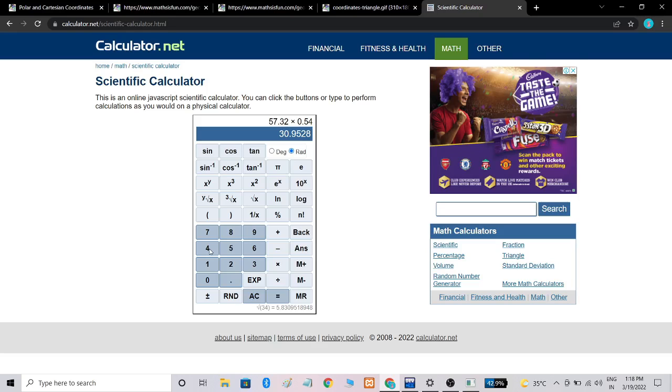That's it. Radians to degrees we have converted, as in the coding also. But if you directly select degree mode, you can get the value from here.